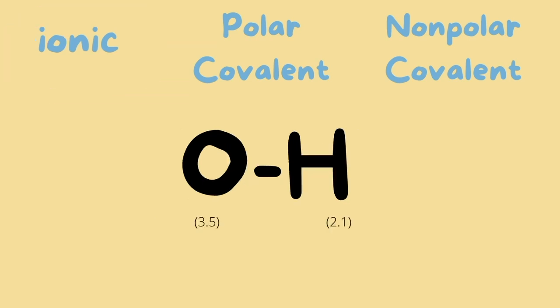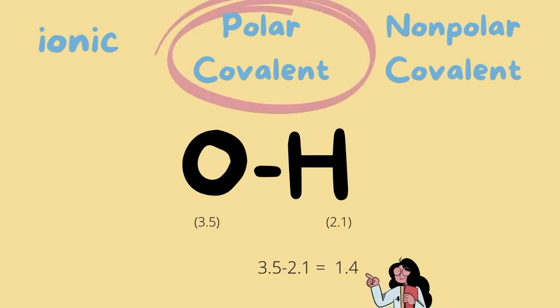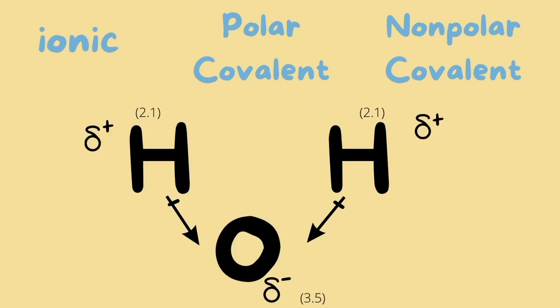What about oxygen and hydrogen with values of 3.5 and 2.1? If we find the difference of the two values, we get 1.4, which is going to make this a polar covalent bond. What about H2O?